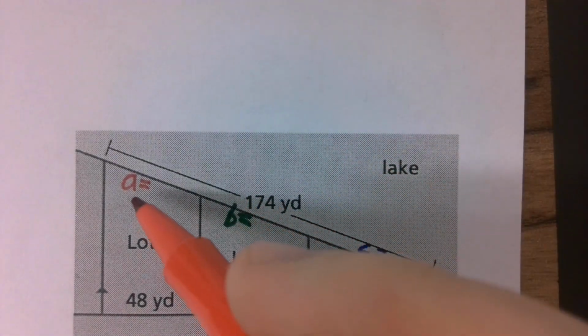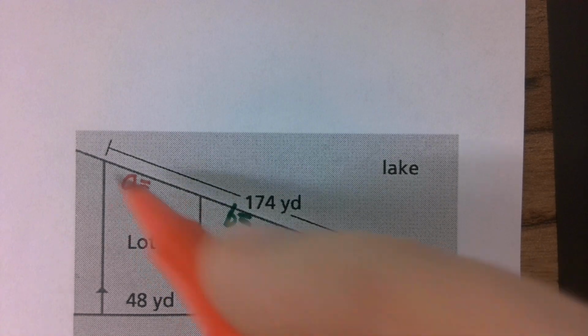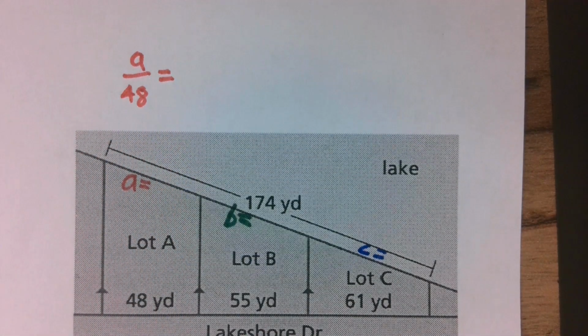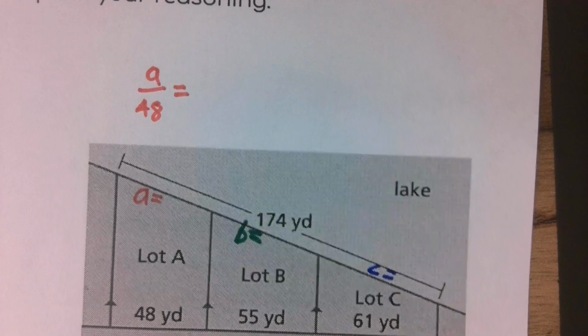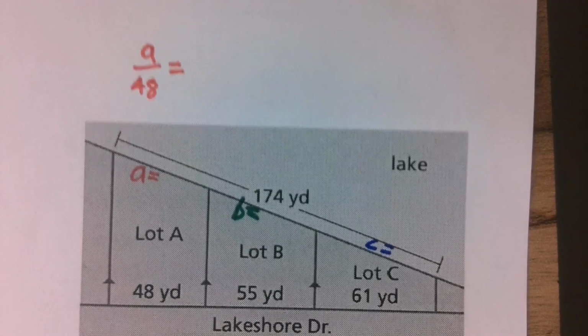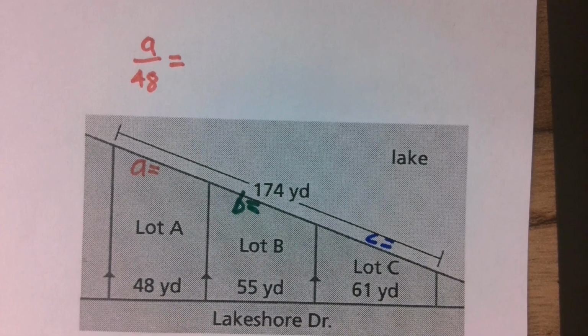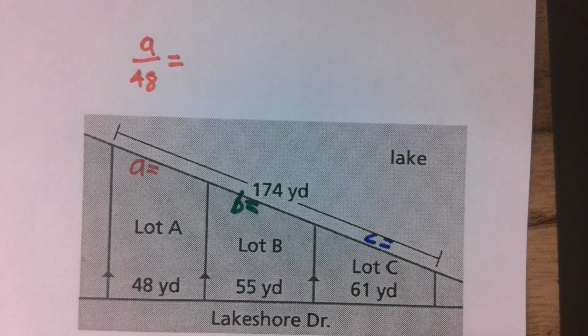We know that we can compare A to 48 because the lake frontage and the frontage of the house should be comparable. They're corresponding parts. But then we get stuck. There's nothing else to compare in lot A. So what? Are we just doomed? Not quite.